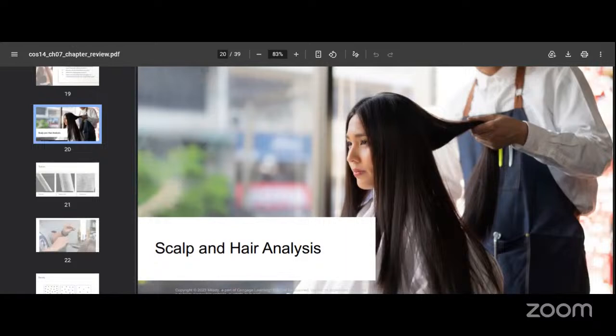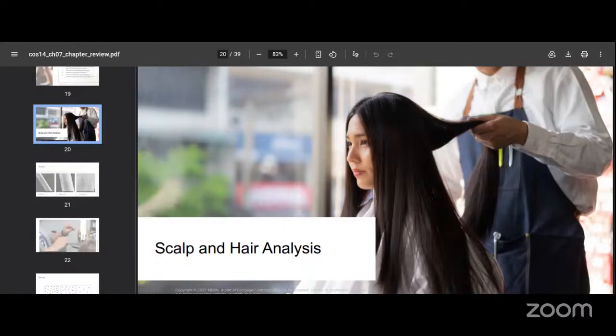You'll see these words, these terms, this terminology throughout your career. So I want you to really take heed of what I will be giving you today. Also, take the initiative to continue to read in the ebook concerning scalp and hair analysis.